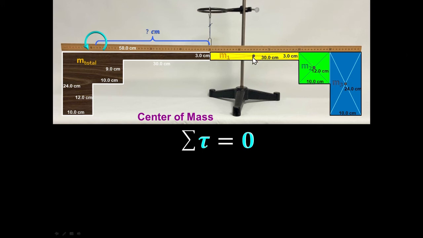And if it's a rectangle, well, the center of mass is going to be right in the middle. So if this is 30 centimeters across, the center of mass is going to be 15 from there. This was 10, so its center of mass is 5 to here, but plus the 30 we already were, it's going to put it at 35. And that would also produce a negative torque.